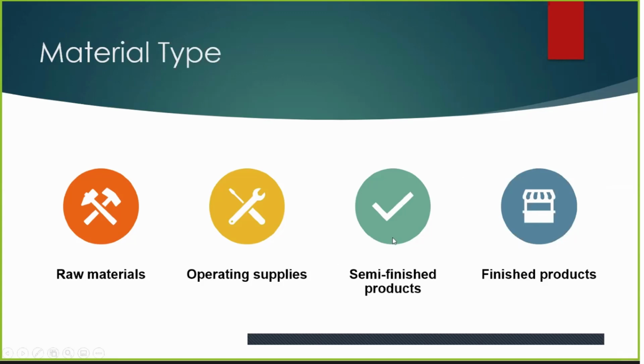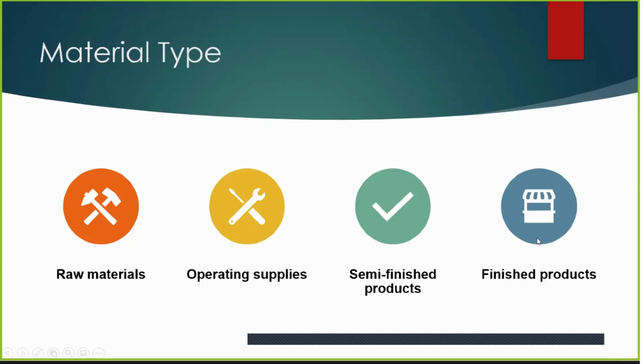Semi-finished product does not mean half of the product, or a product that you didn't really finish. It is a product that you will not sell, you will use. This means that the finished product will include the semi-finished product.